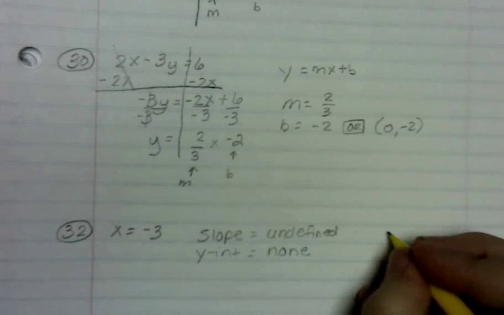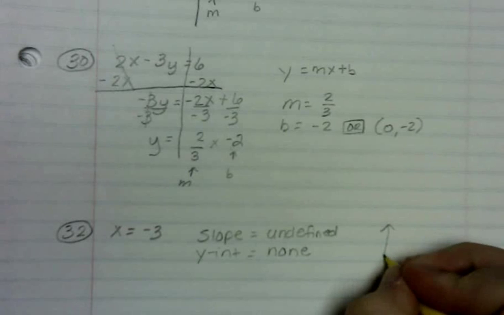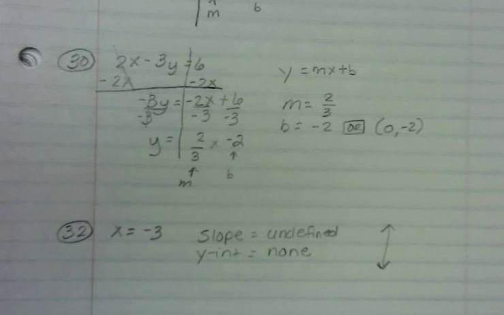The graph of this equation would look like a vertical line, and it would go through the point negative 3 on the x-axis. We talked more about that in the section 3.1 notes.